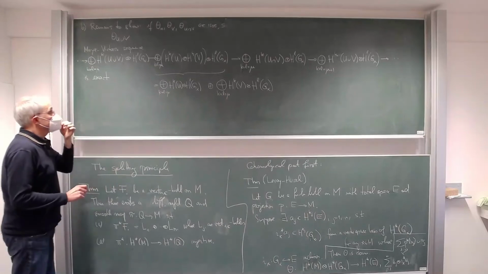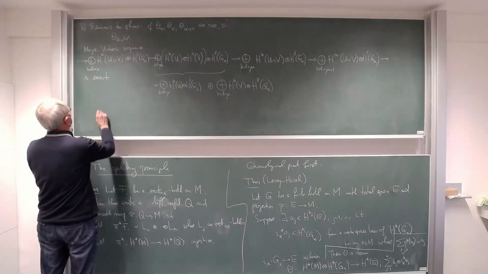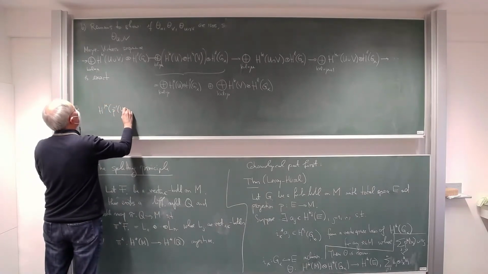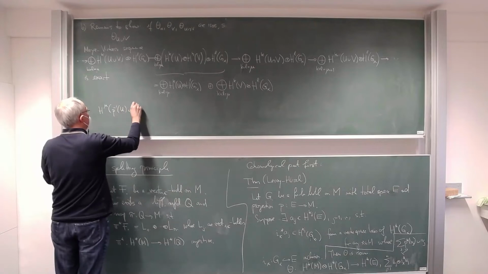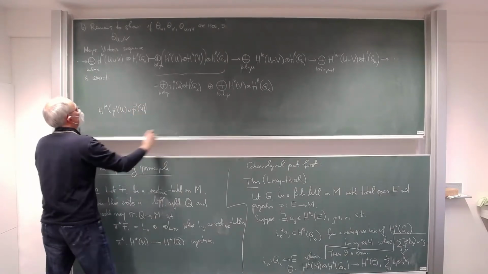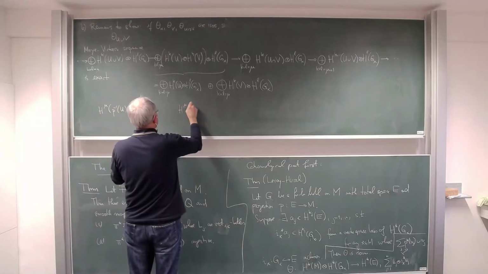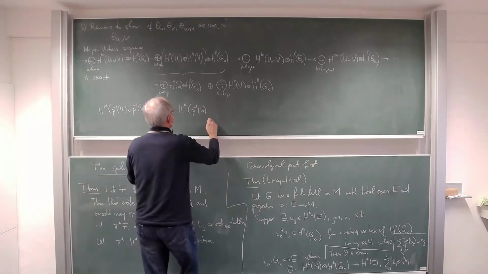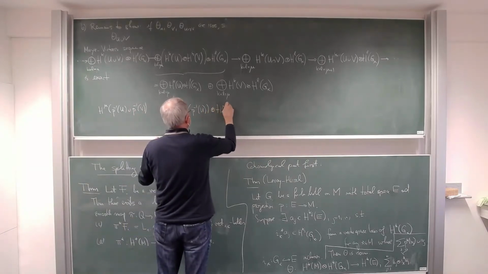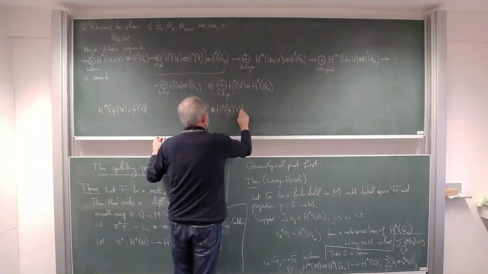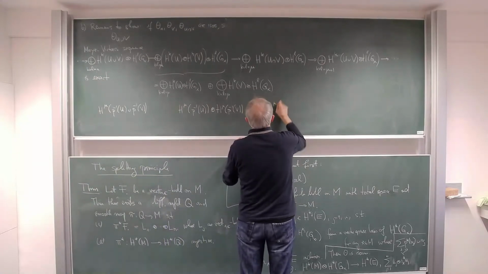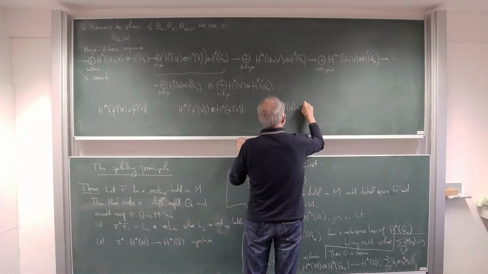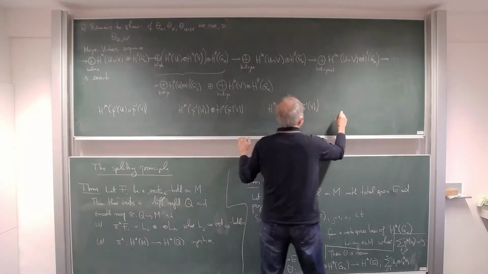Okay, write down another exact Mayer-Vietoris sequence, which will be H mu of p to the minus 1 of U union p to the minus 1 of V. And here we have H mu of p to the minus 1 of U plus H mu of p to the minus 1 of V. Here we have H mu of p to the minus 1 of U intersect p to the minus 1 of V, and so on.